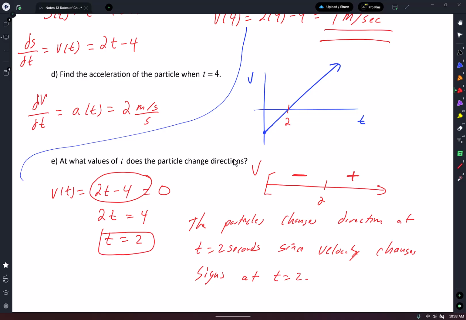So that means I'm moving left from 0 to 2. And then after the 2 seconds, the velocity is positive. So now I'm moving to the right. So what is the change of direction? Well, when I move from left to right. Where do I move from left to right? At t equals 2. And that's what I said. The particle changes direction at t equals 2 seconds since velocity changes sign at t equals 2. Does that make sense? Okay. How do we feel, guys? Do we feel okay?